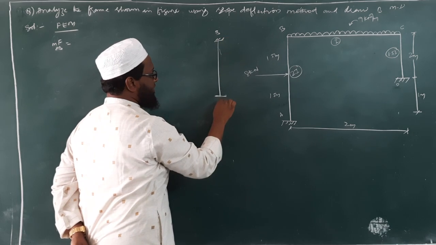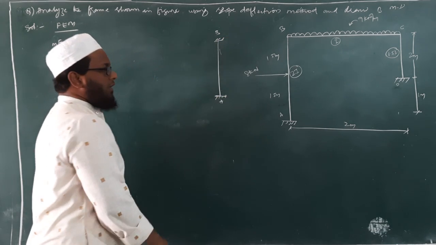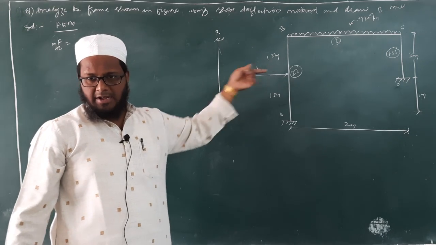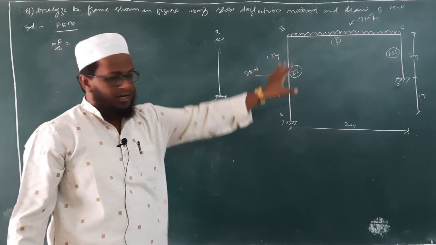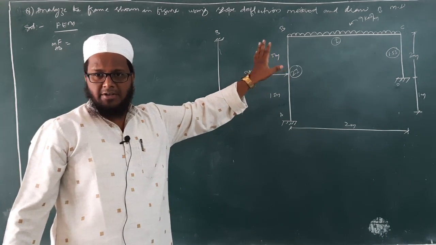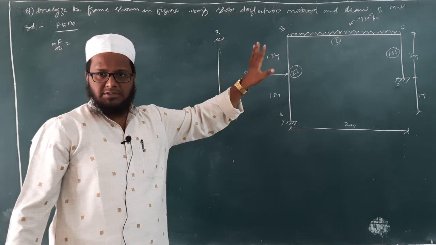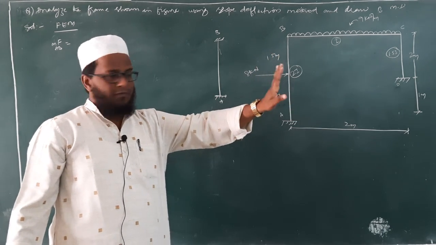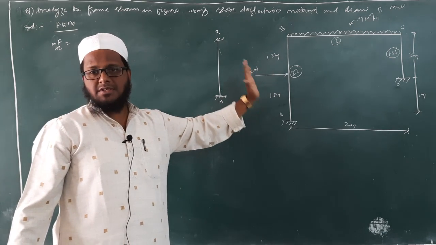This is B and this is A. Now, since the force is acting in right direction, 8 kilonewton. See, this entire frame is what? Unsymmetric frame, right? So we have to perform sway analysis. So how to perform sway analysis? We'll see in the next part. Before that, we'll solve first fixed end moments.